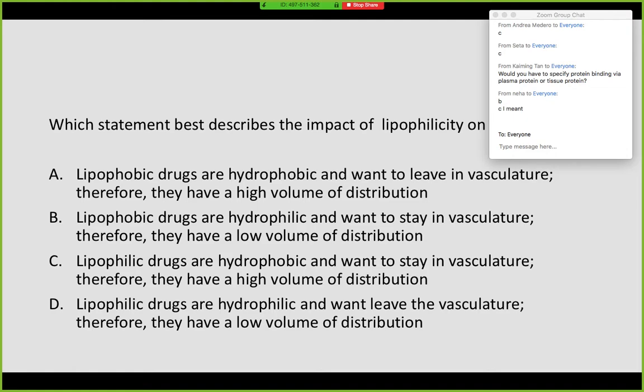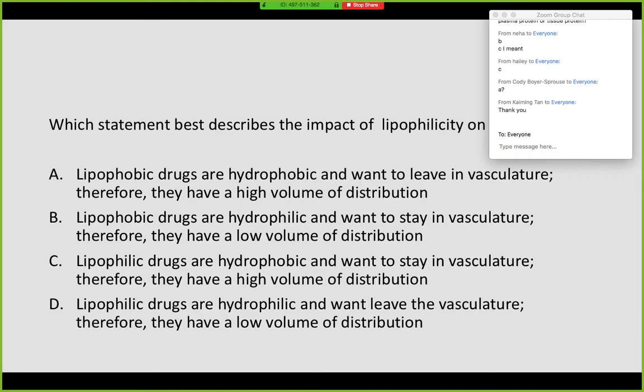Yeah, that's probably a good point. Yeah, I suppose you'd have to specify plasma protein binding to make that a really well-written question.